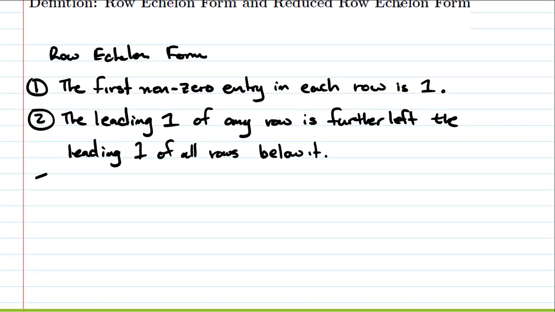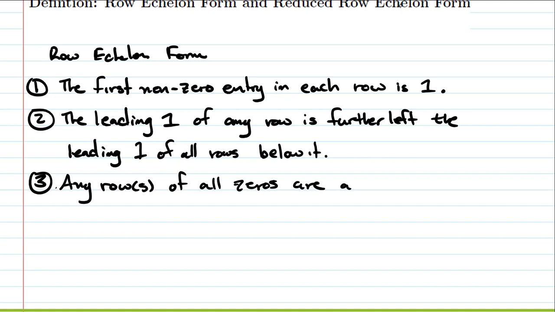And 3, any row or rows of all zeros are at the bottom of the matrix.